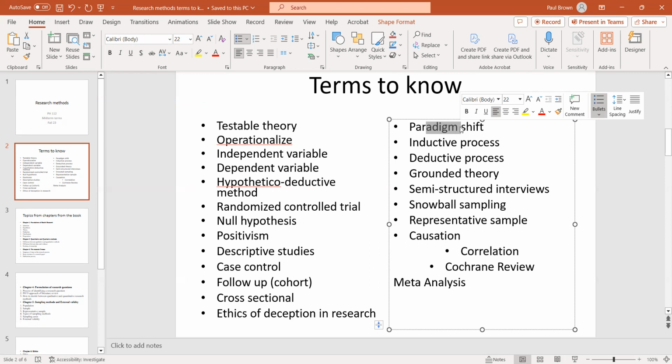So positivism is just the belief that this whole hypothetico-deductive method that we went through is something you can do. So positivism means that the world can be broken down into rules and that research can then go through and discover those rules. So positivism is what underlies all of scientific method because it assumes that there are some type of rules that govern the universe and that we can discover what those rules are.